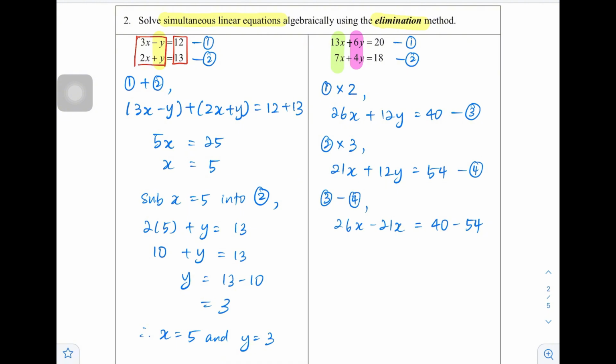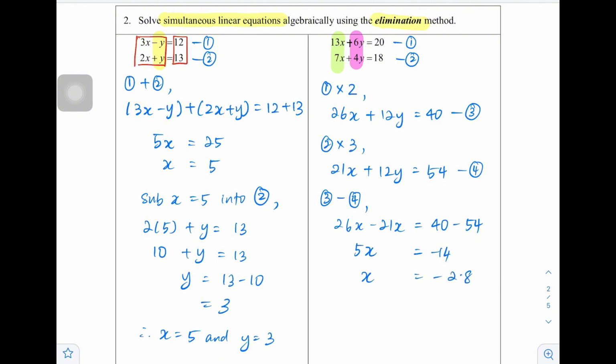So 26x minus 21x, I will have 5x, and 40 minus 54, I'm going to get negative 14. Now I need to find x. I will need to divide negative 14 by 5, so my x would be equal to negative 2.8.